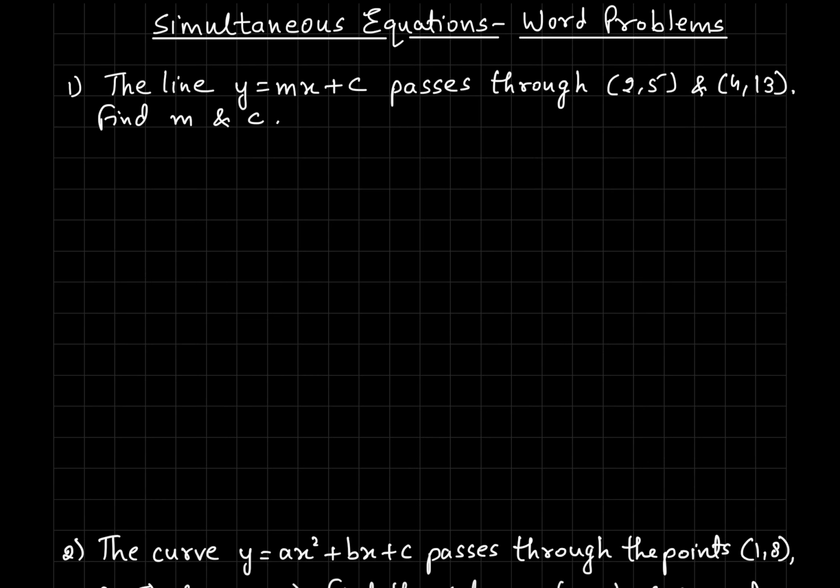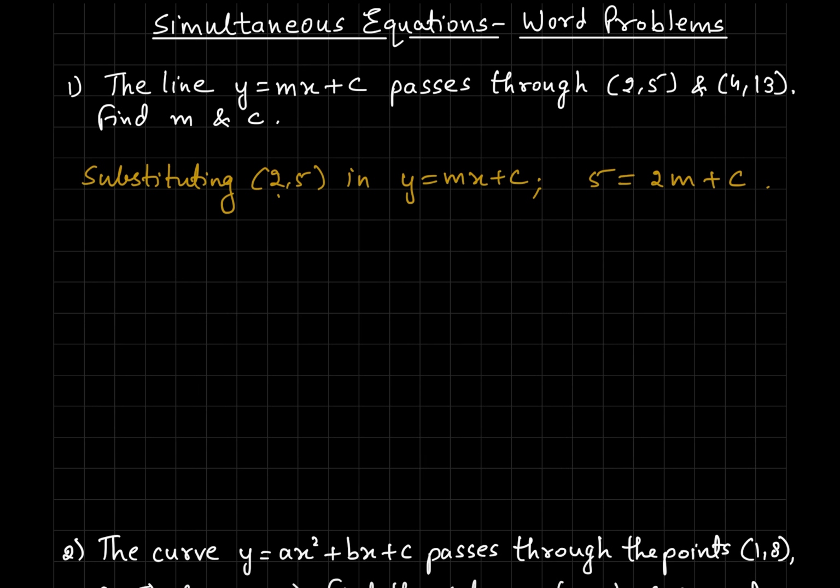So we will say substituting point (2, 5) in y equals mx plus c. So what we will get, see, y is 5, so we will say 5 equals m into x. x is 2, so 2m plus c.